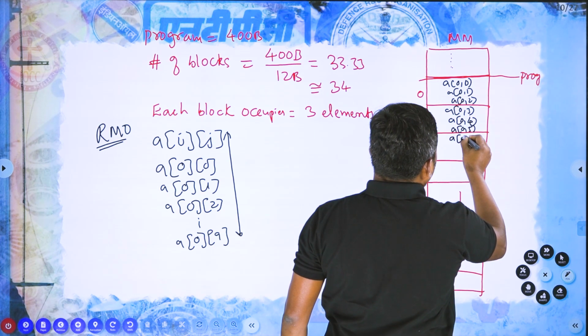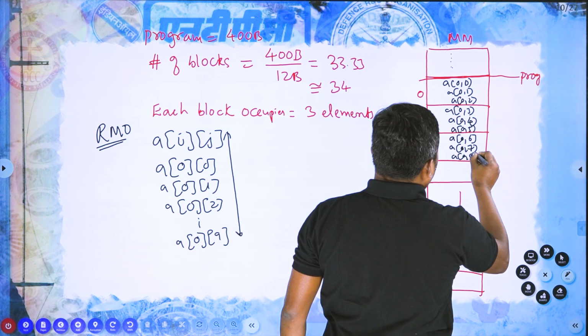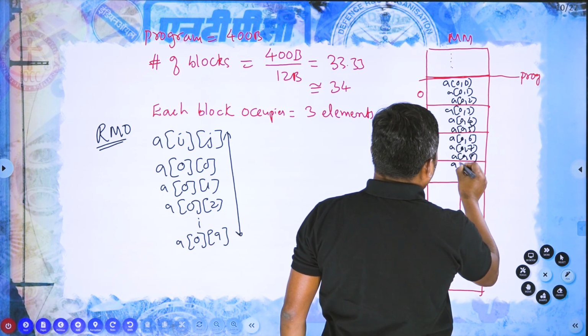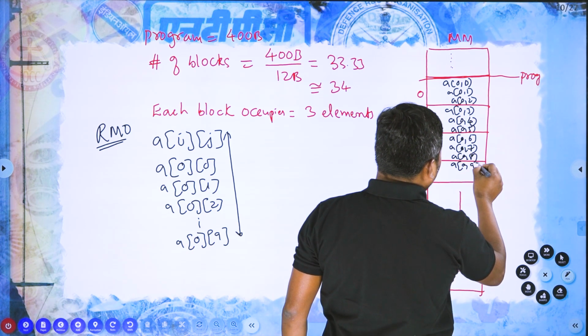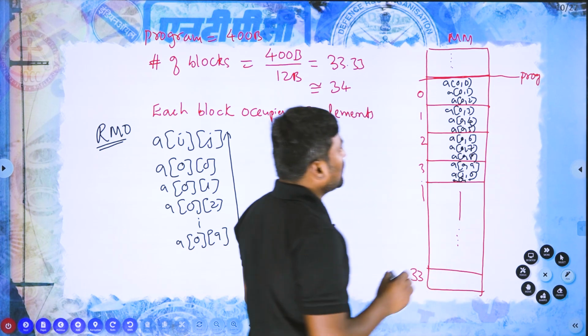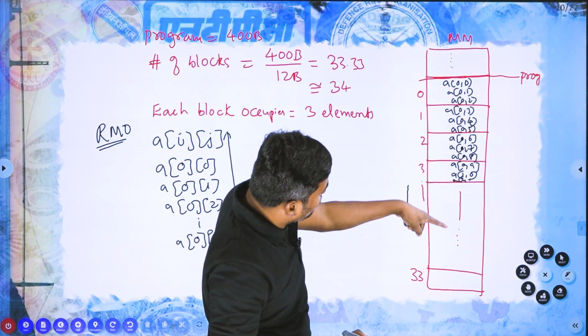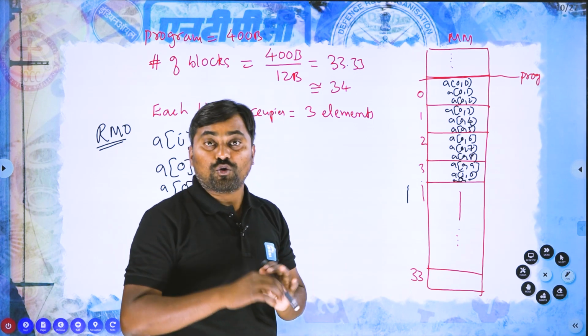Next A of 0, 6, A of 0, 7, A of 0, 8. Then A of 0, 9. Next A of 1, 0, A of 1, 1, like this. Please do understand, once a row finishes, the next row will start. This is the way of storing into main memory, which is row major order.